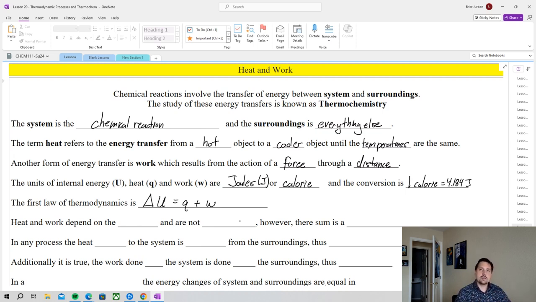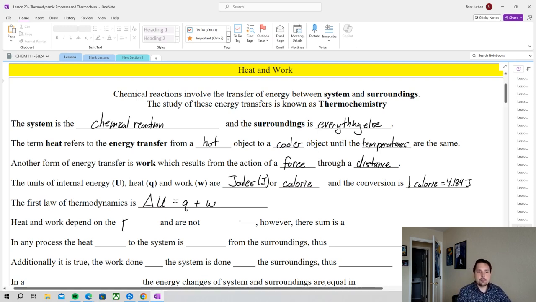Now we can think about heat transfer occurring under a variety of different conditions. We could have it occurring under a constant temperature, a constant pressure, or a constant volume. And because the heat value will change depending on the conditions, we say that heat as well as work depend on the path that's taken. And thus, they are not things that we call state functions.